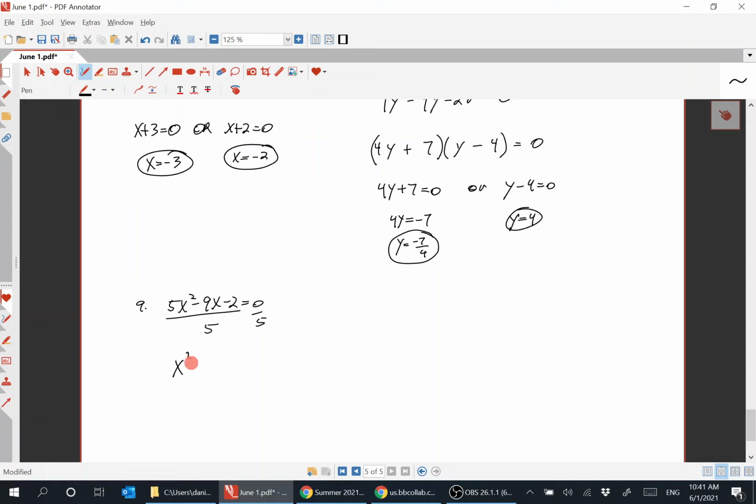But that would give you x squared minus 9/5 x minus 2/5 equals 0. And factoring without integer coefficients is not the way to go. To do factoring with integer coefficients, you need to start with integer coefficients. Factoring with rational coefficients, that's just a disaster. You don't want to do that.